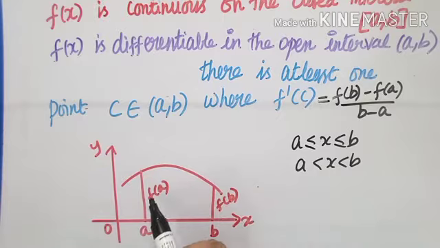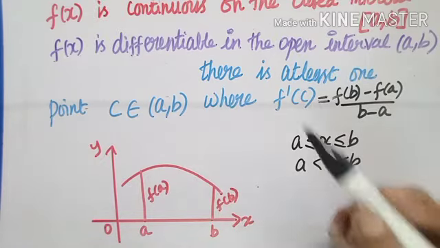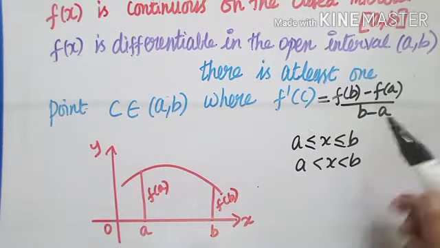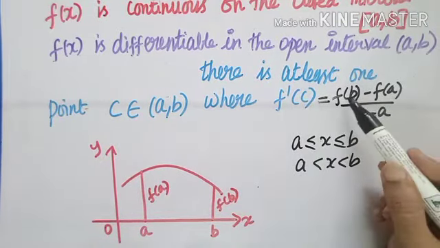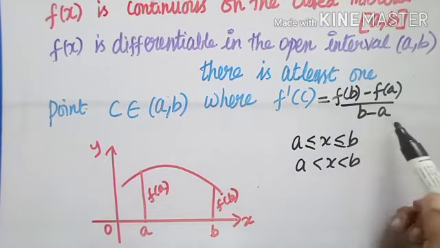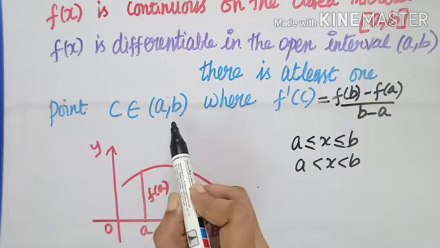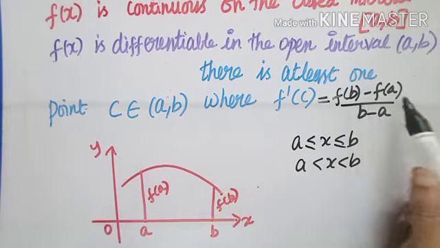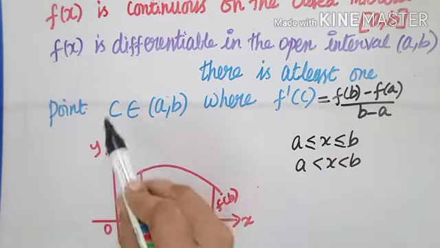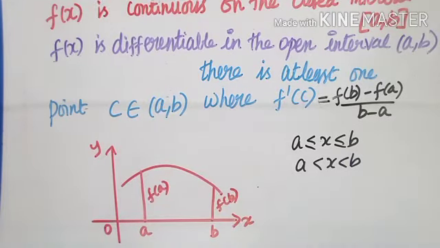This is y2, y1, this is x2, x1. So, y2 minus y1 by x2 minus x1 only. Restated in Lagrange's mean value theorem, f dash of c is f of b minus f of a by b minus a. Again, c is inside the interval, c is not equal to a or b.